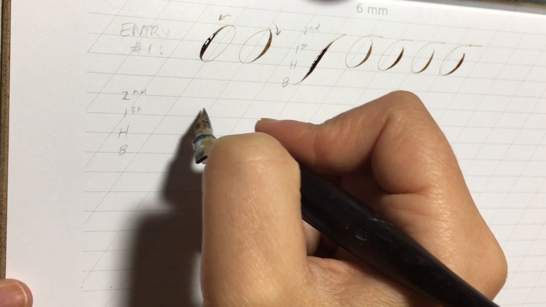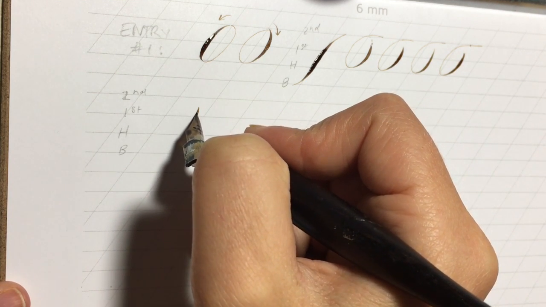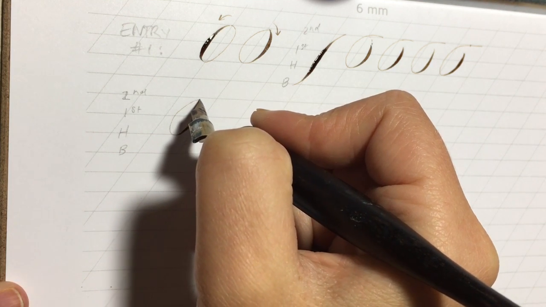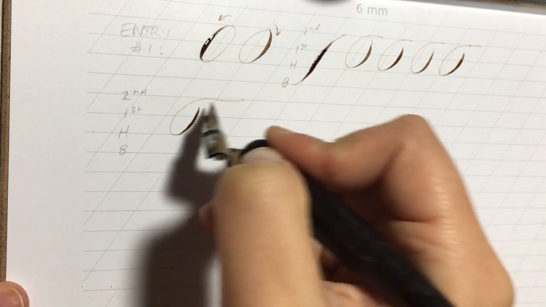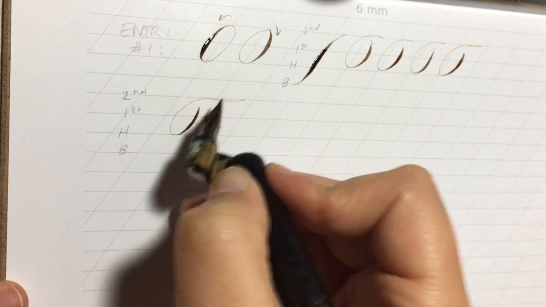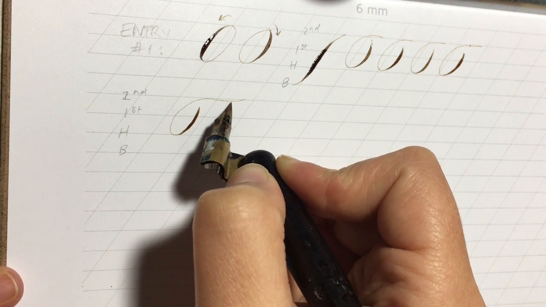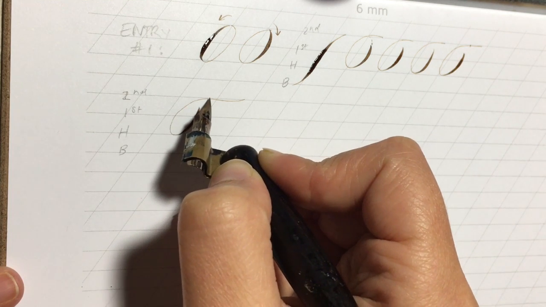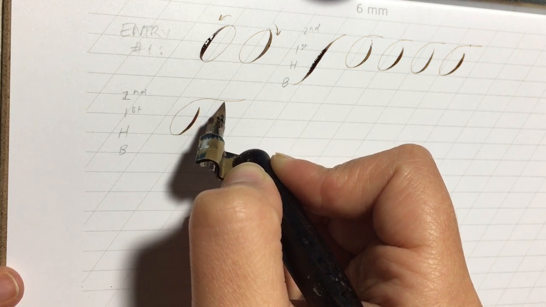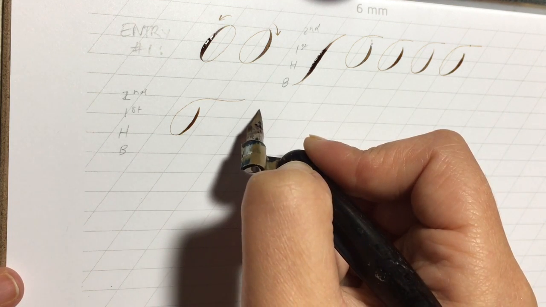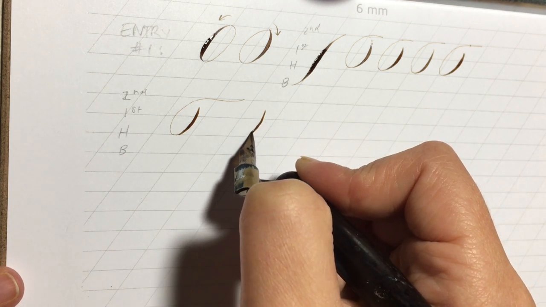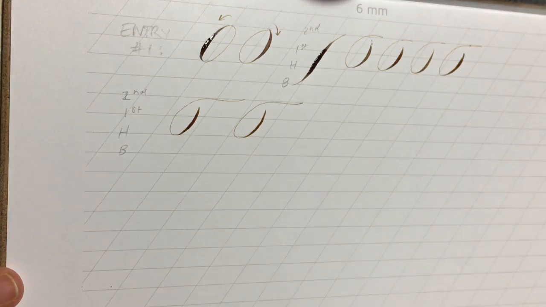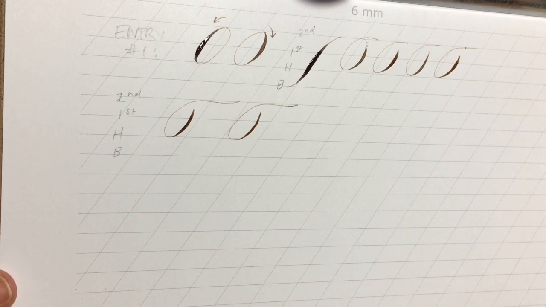So the first way to make it, start with the indirect oval, and then when you get to the second ascender, you're just going to continue with this horizontal line that dips a little bit below the second ascender and back up. So make the oval and reach the second ascender, then dip down and back up, just very slightly.